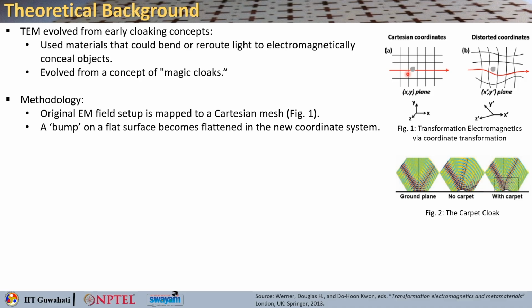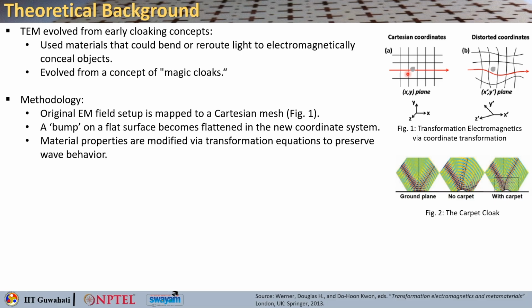Now, if you have a bump on a flat surface, that should become flattened in the new coordinate system. So, the material behavior should be modified via this transformation equation that will help you to preserve the earlier wave behavior as if the bump does not even exist.